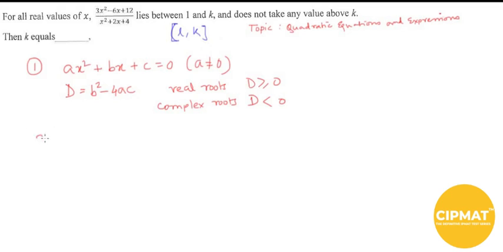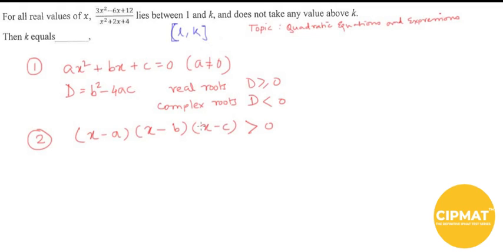And another thing that you should know is, suppose you have an expression of this form, x minus a into x minus b into x minus c, and let's say that is greater than 0. So in what range or in what intervals is this true?